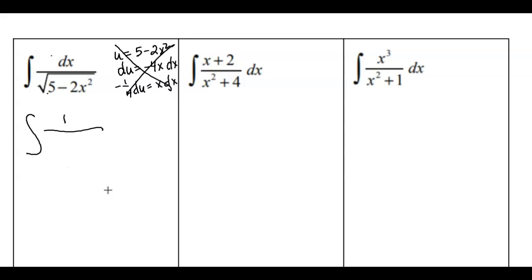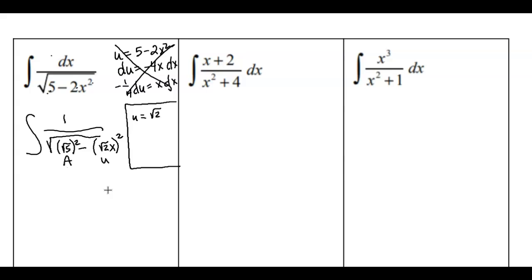So we have to think, what did they square here? Well, if you're not sure, take the square root. So root 5 squared, that could be a, because root 5 squared is 5. And then what did they square here? Same thing. I can think of that as root 2 x squared, because root 2 squared is 2, and then x squared is that. So this is a mini u substitution because it is inverse trig.